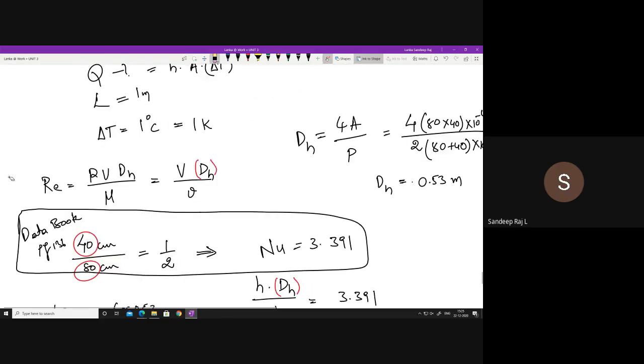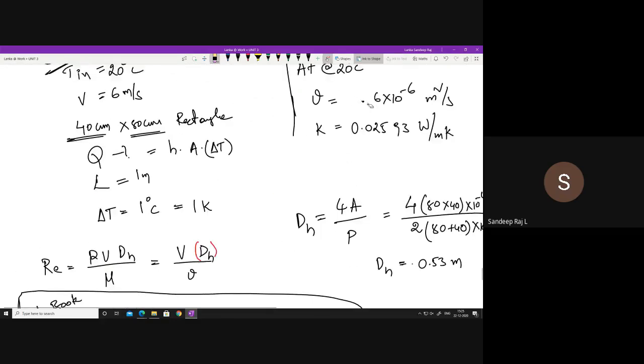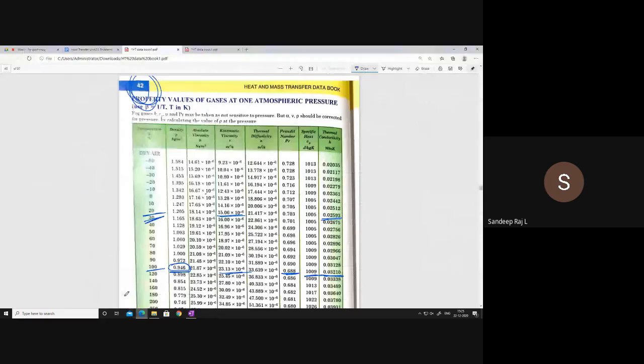It is 16.08. What is that? It is simply 16. At 20 degrees centigrade only, no?